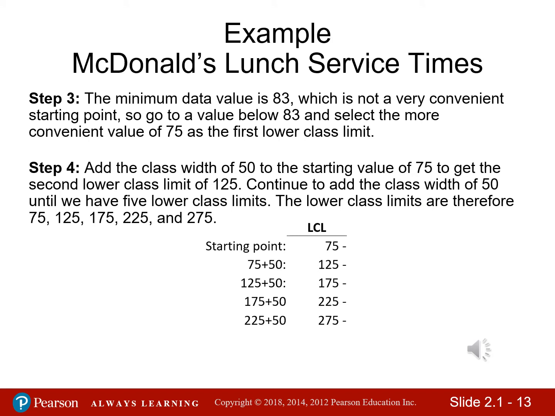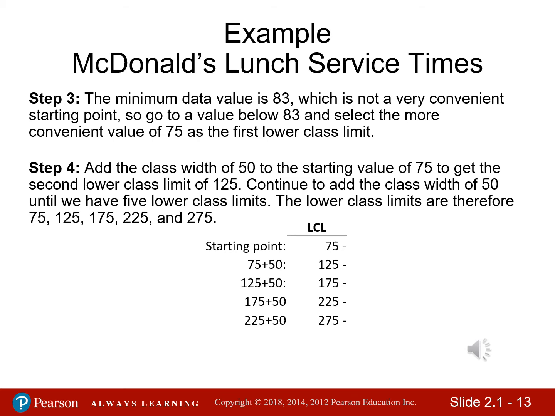For step 3, we will choose our first lower class limit. We can either choose our smallest value or a value that makes more sense to us. Our lowest number in our data set is 83, but this is not a very convenient number to work with, so let's round that down to 75. So 75 will be our lowest class limit.